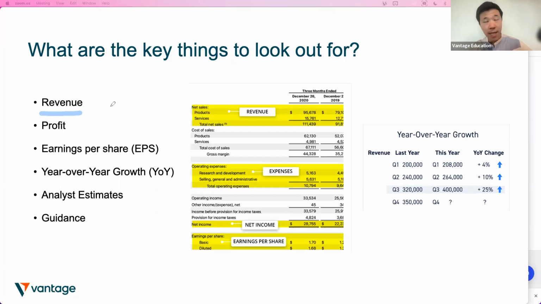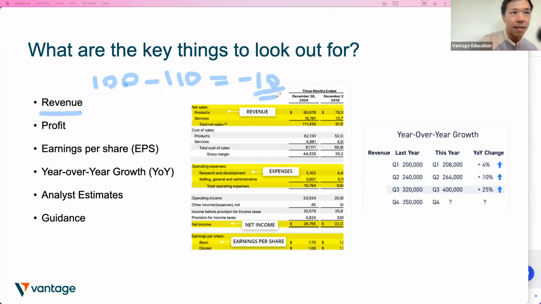You can earn a lot of money, but if you earn $100 of revenue and you spent $110, your net profit is -10, so you end up losing money. So revenue is not the only thing that determines it.